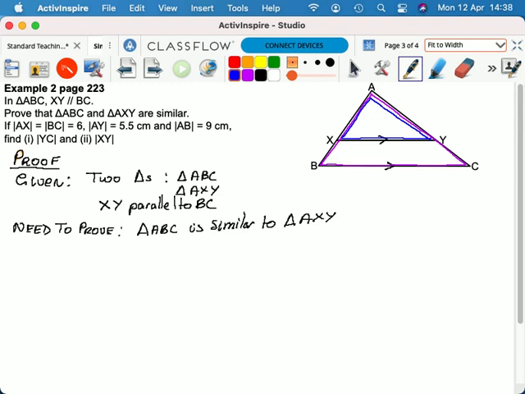I am now going to put in numbers. I'm going to put in here 1, 2, 3, 4, and 5. What do I know about angle 2 and angle 4? They're equal.